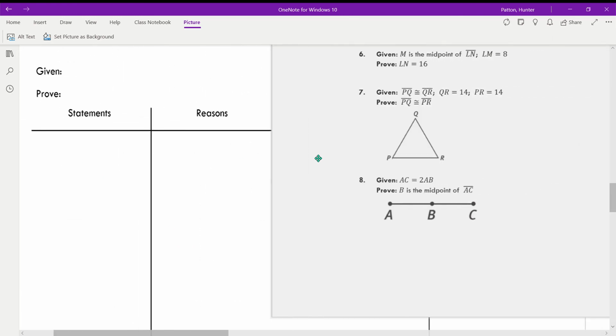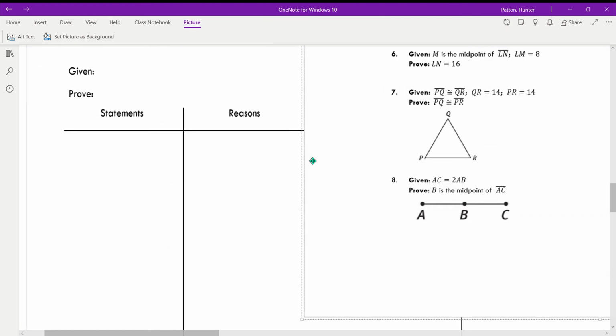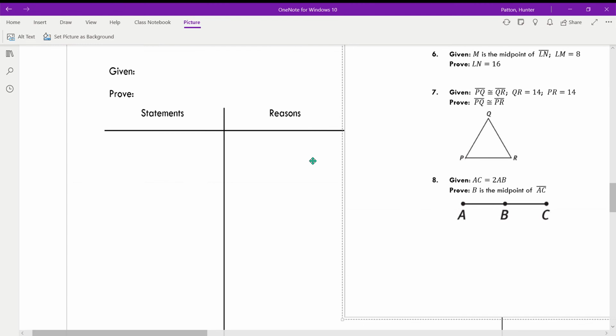There's a little triangle here, however, every side of a triangle is just a segment, so we know about segments. Number 7 says that PQ is congruent to QR.